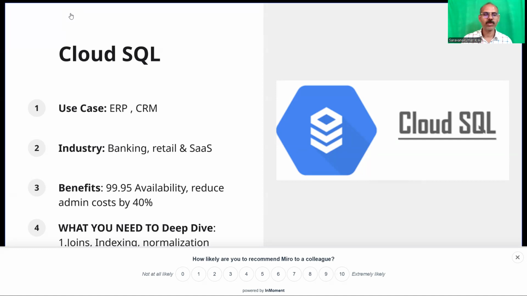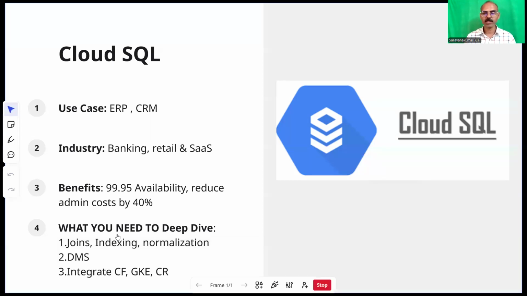The advantage here is 99.95% availability, and admin cost is reduced by 40%, because it is a managed service where you don't have the overhead of resource or infrastructure deployment. What you can study in more depth is joins, indexing, normalization, and data migration services.